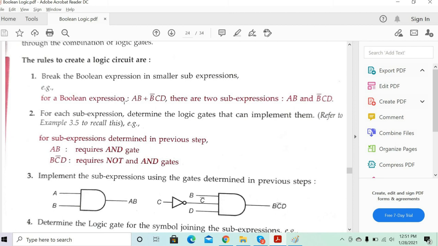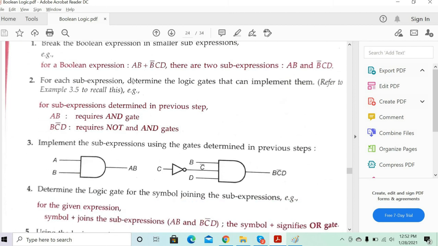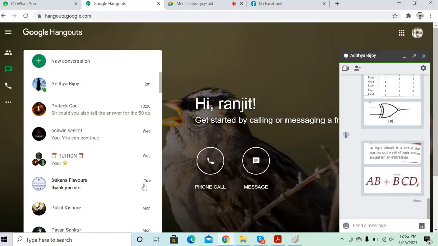Okay. So AB is basically between A and B, and there is nothing written, that means it's a dot, it's an AND gate, by default a multiplication. So AB can be represented as an AND gate. A is the input, B is the input for the AND gate.